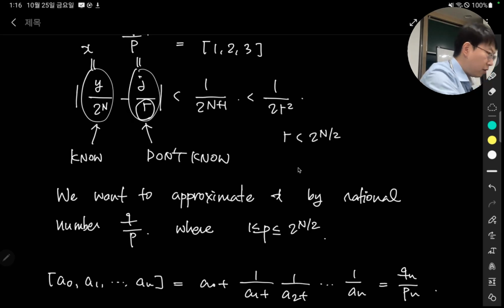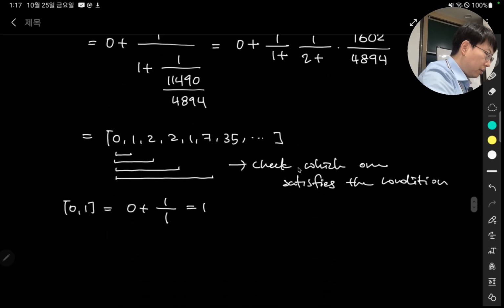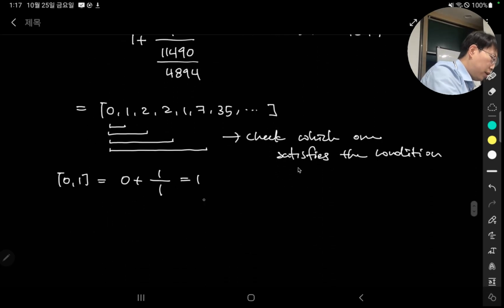So we cannot get the actual upper bound of our error term. But what we know is that r cannot exceed the denominator of x, 2 to the n. So at least the 1 here.